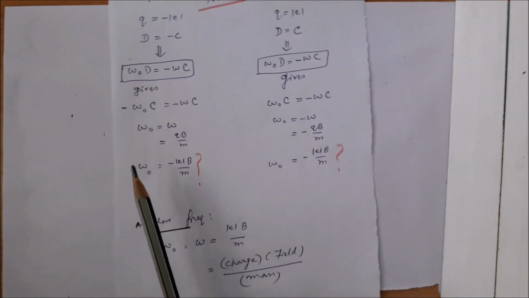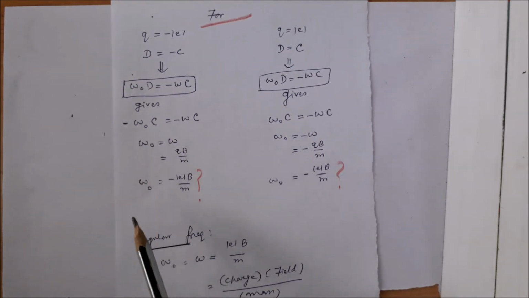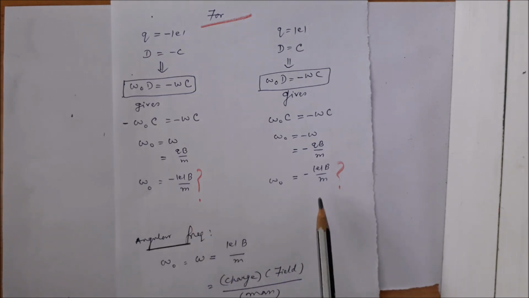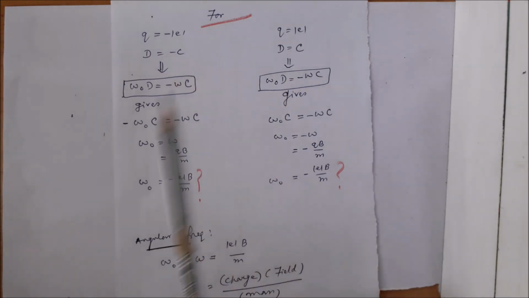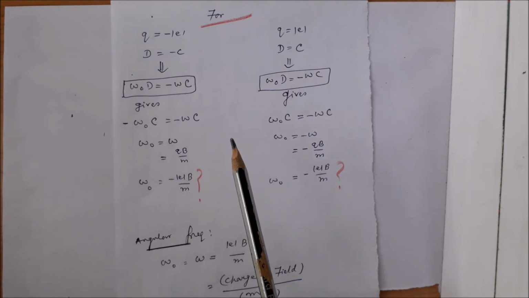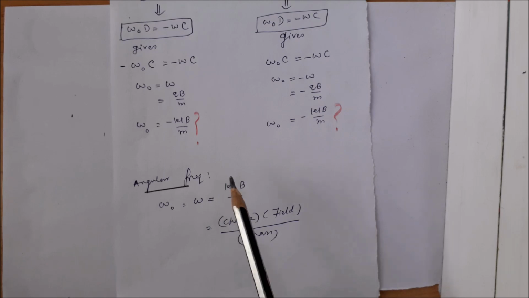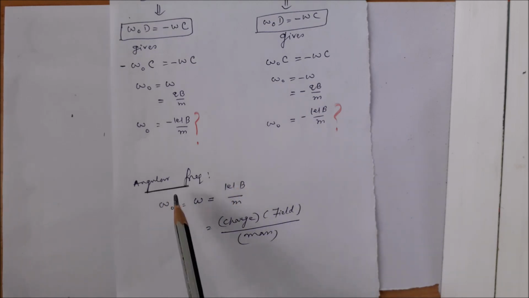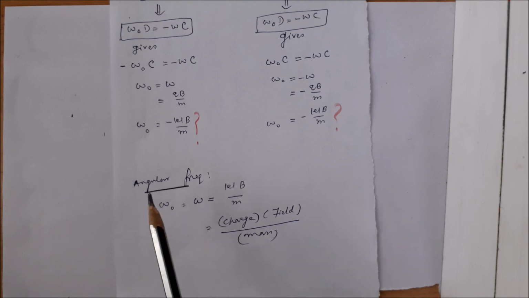Simple calculation shows that will lead us to a negative frequency, which is absurd, and therefore this choice is not correct. The earlier choice which we made was correct. We note that whatever be the charge of the particle, the angular frequency of rotation of the charged particle in a magnetic field is given by this expression, which is charge into field by mass.